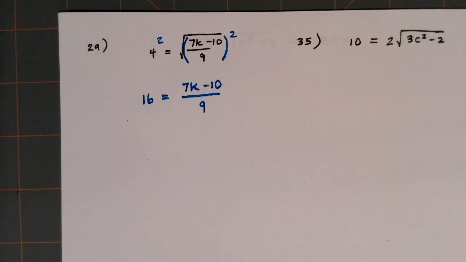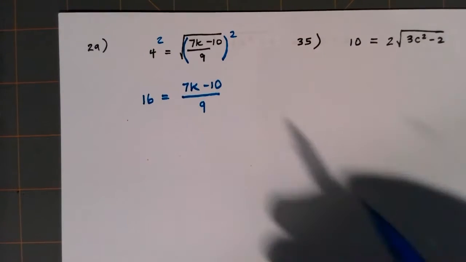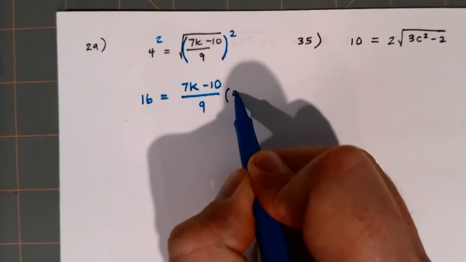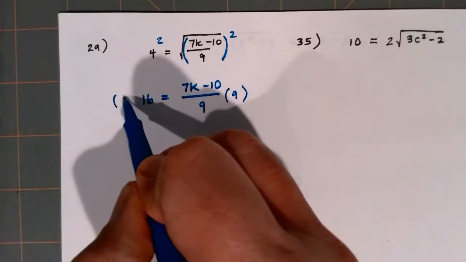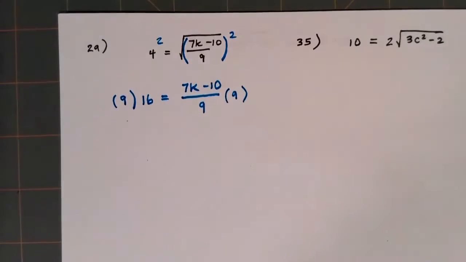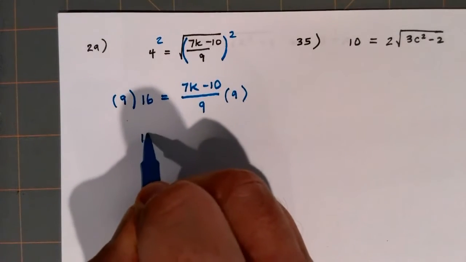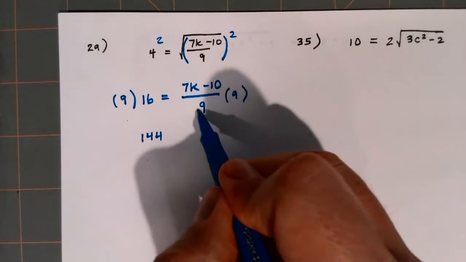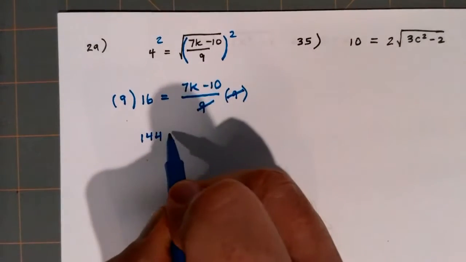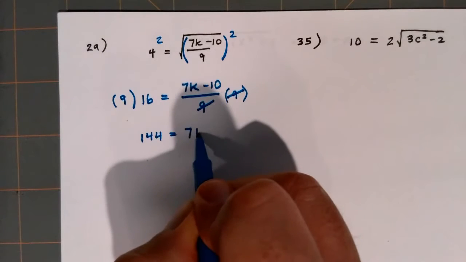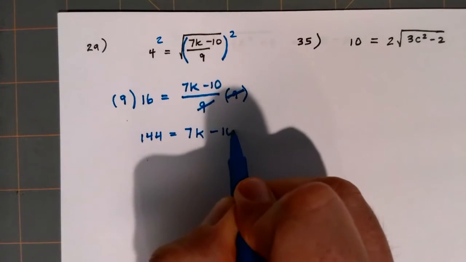So now we just kind of do PEMDAS in reverse. It's just I couldn't get into that radical until I got in there. So now I would multiply both sides by 9. When I do that, I get 144, these 9s cancel, is equal to 7k minus 10.